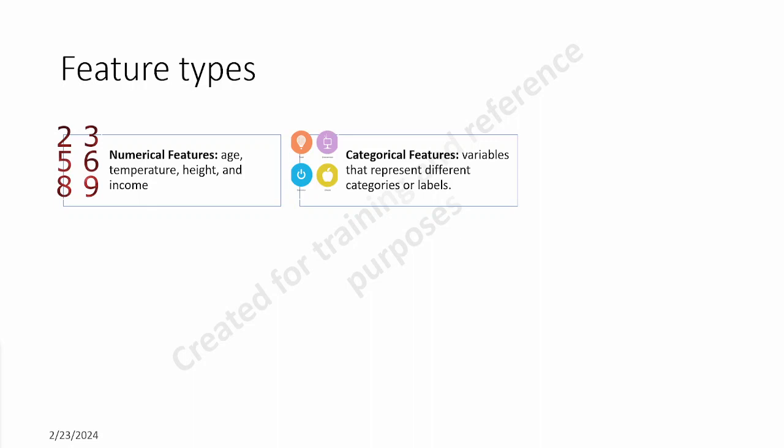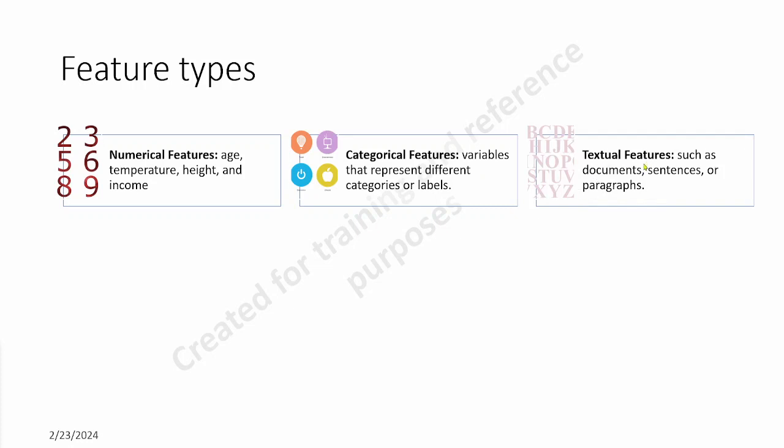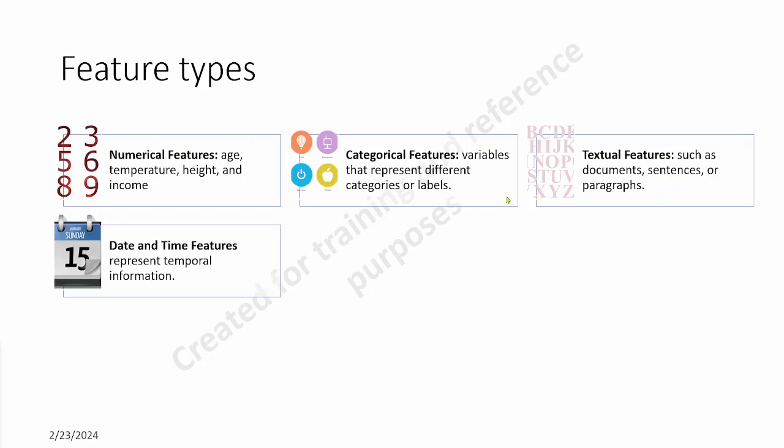Textual features are simply text data: documents, sentences, paragraphs, or PDFs. Date and time features are temporal in nature and indicate date and time information.